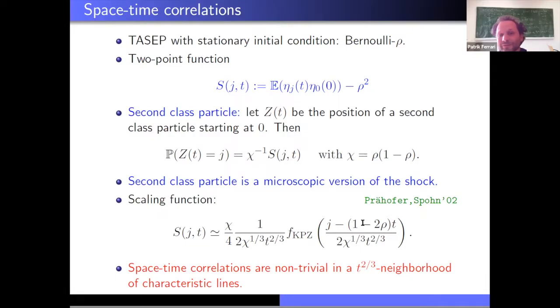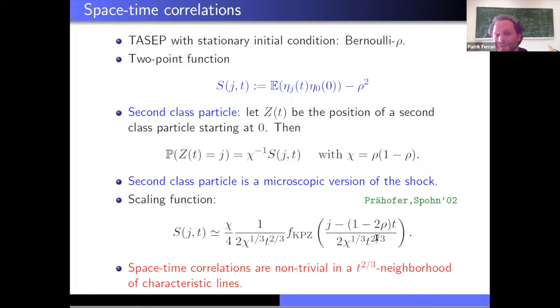So for example, it was shown that there is a non-trivial scaling for the two-point function, and therefore also for the distribution of the second class particle for stationary initial condition starting from 0. The non-trivial scaling is when j is like (1 minus 2 rho) t, because this is the speed of the second class particle, which is also the speed of the characteristic. It is why there is a relation between the two.